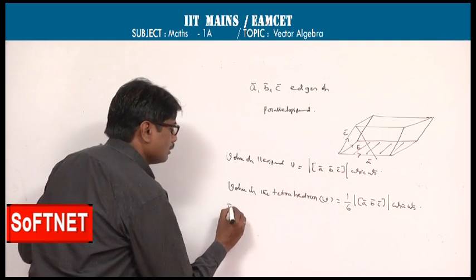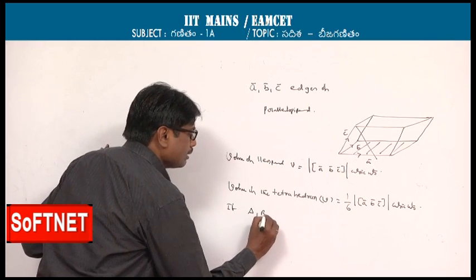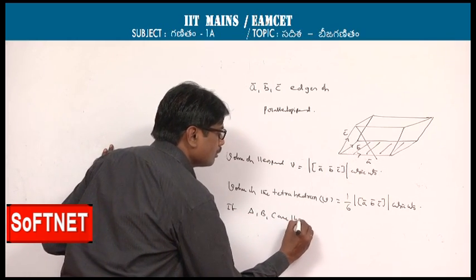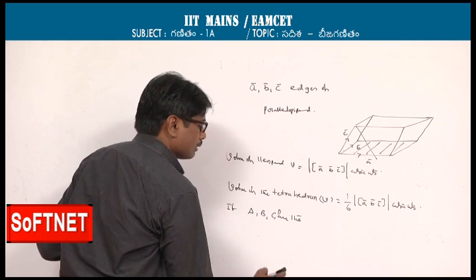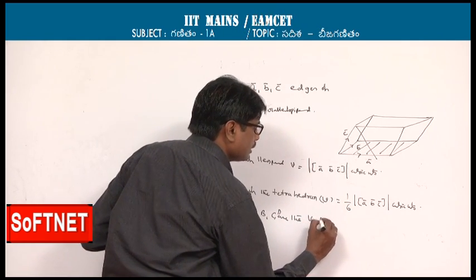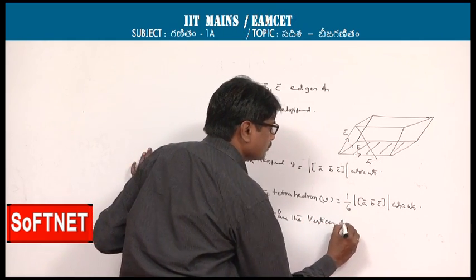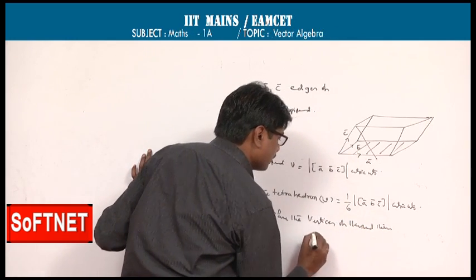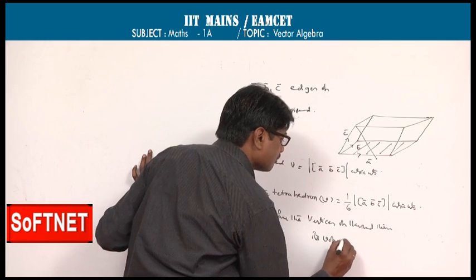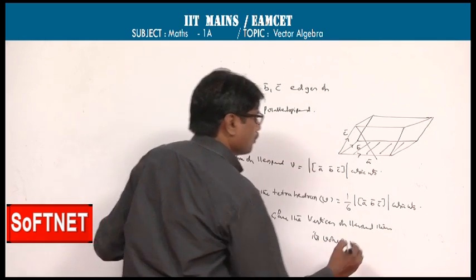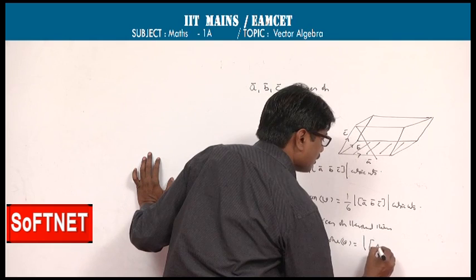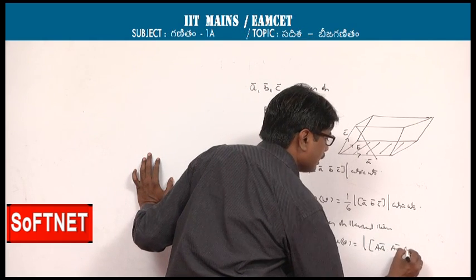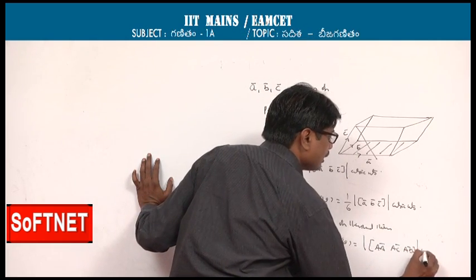If A, B, C, D are the vertices of a parallelepiped, then its volume V is equal to modulus of box of AB bar, AC bar, AD bar cubic units.